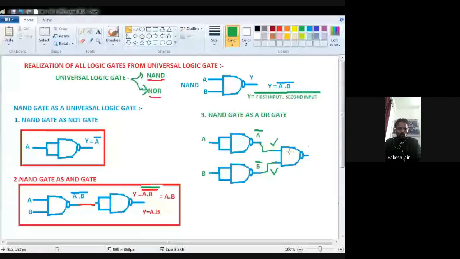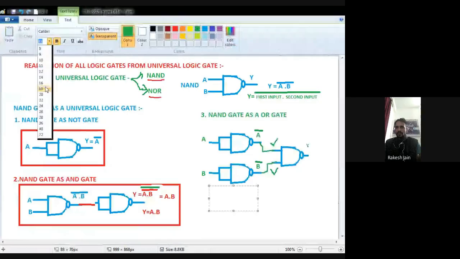Now here also is a NAND gate, so what will be the output? We know that the output equation of a NAND gate is Y is equal to first input dot second input. What is the first input of this third, final NAND gate? The first input is A bar, not a simple A, it is A bar.